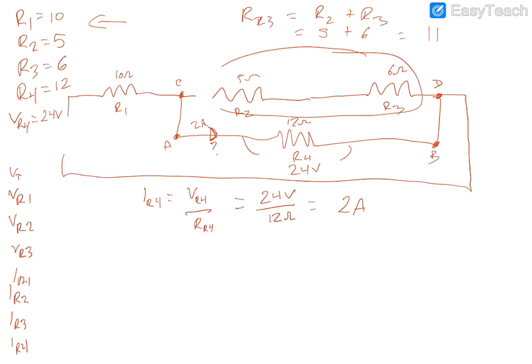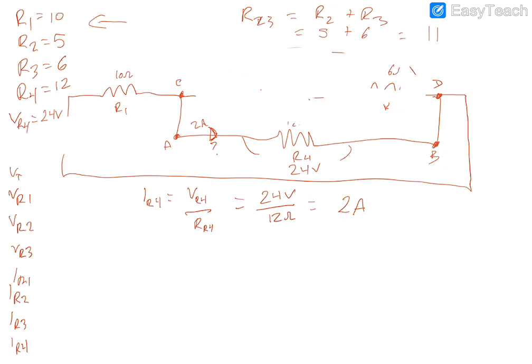So then we can erase this here. Get rid of that big circle. And we can draw one resistor here, and we call this R23. We know we have a resistance value of 11 ohms. By using the same formula that we used down here, the current going through R23 is equal to the voltage across R23 divided by R23.